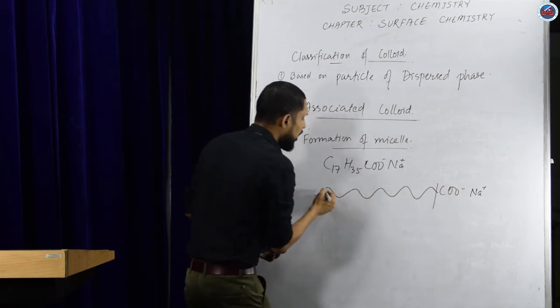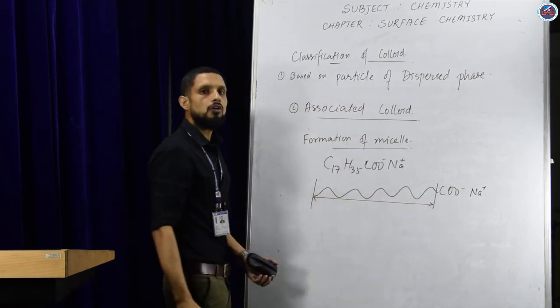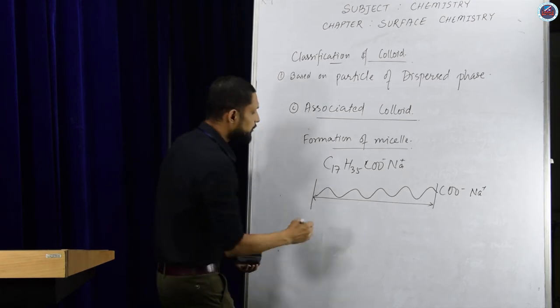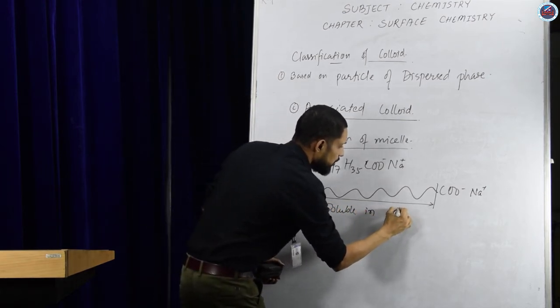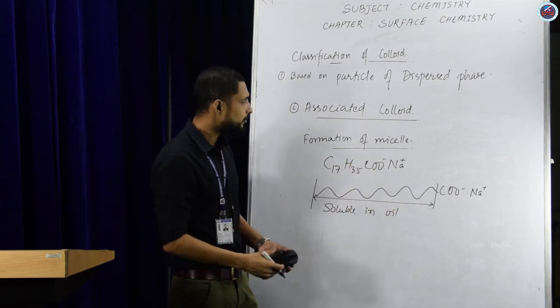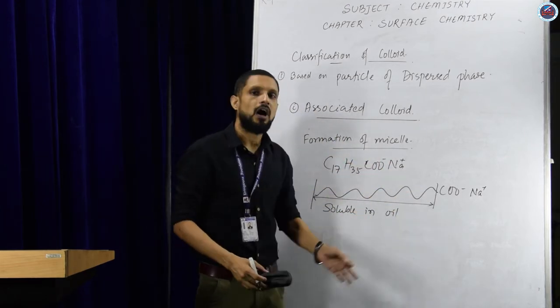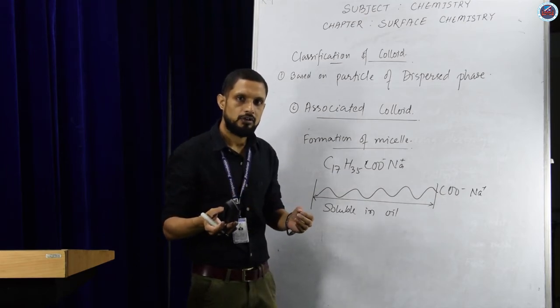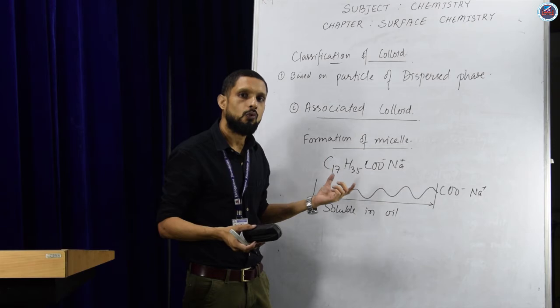Now the hydrocarbon part, that is the non-polar part, is soluble in oil. That is, it's hydrophobic in nature. The non-polar part dislikes water. They have a liking for fat and oil, but they dislike water.